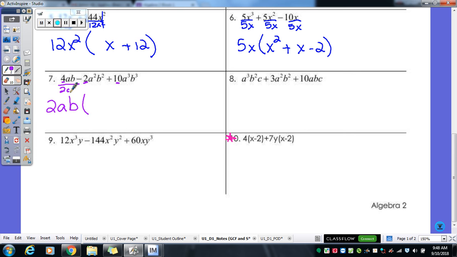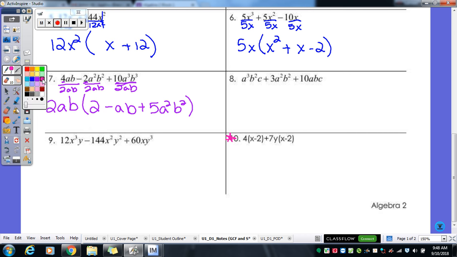So we want to divide all 3 of these by 2ab. So you would get 2 minus ab plus 5a squared b squared. Always subtracting those exponents when you're dividing here to get your parentheses.